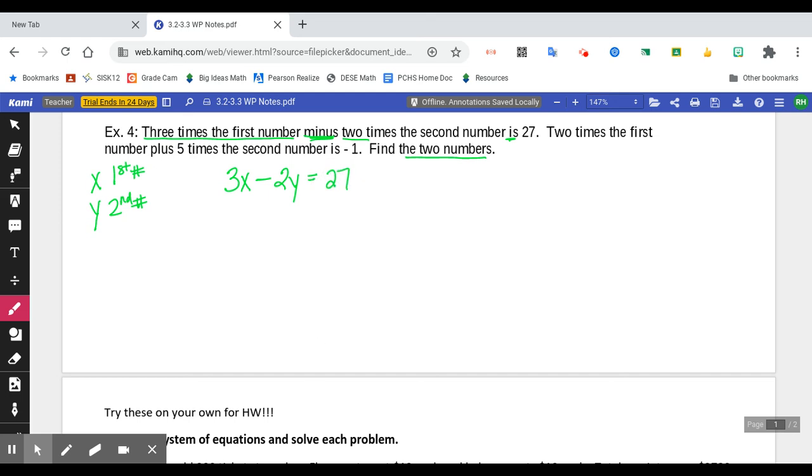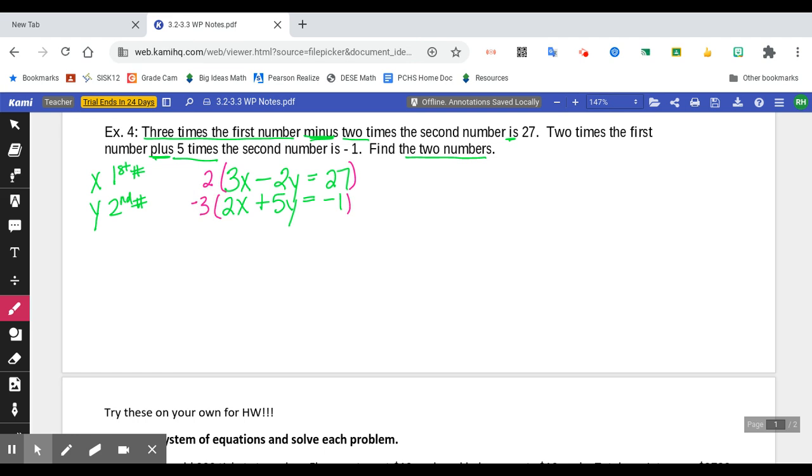Same thing with the next one. 2 times the first number, so 2x, plus 5 times the second number, which is y, is -1. Okay, so this is going to be elimination again because we don't have an equation set equal to a variable. I'm going to get rid of x's by making this guy positive 6 and this one negative 6.